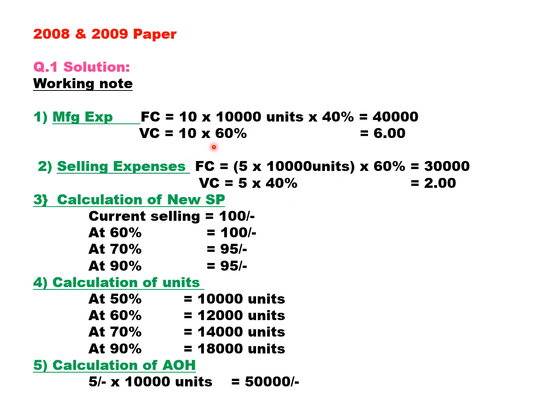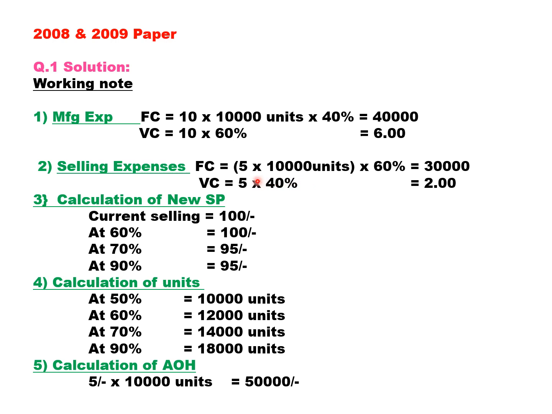Now go to variable cost. 10 rupees into 60% is 6 rupees. We don't multiply by units, because variable cost we don't look at in total, we look at per unit. Coming to selling expenses, in the question 60% is fixed, then the remaining 40% is variable.